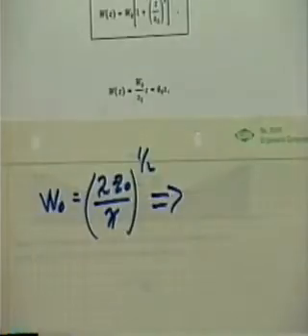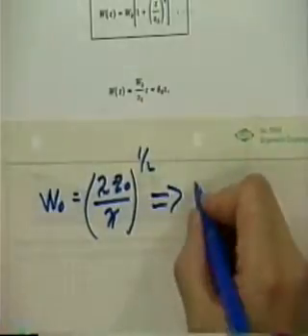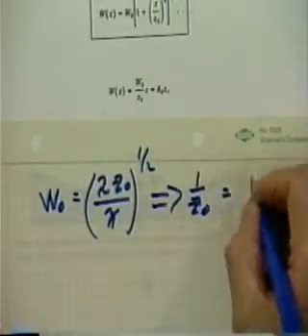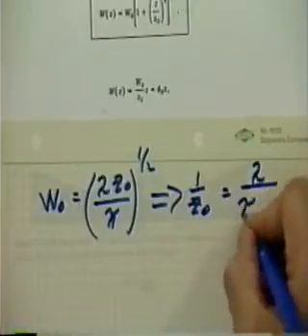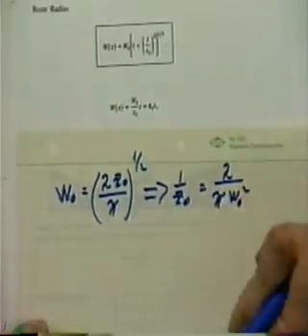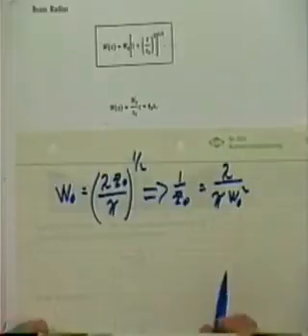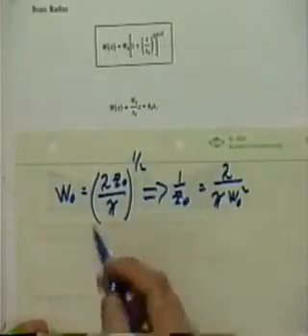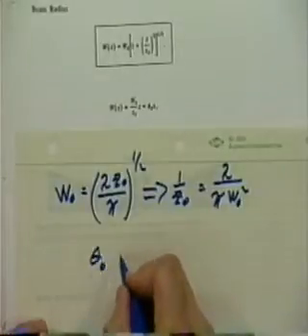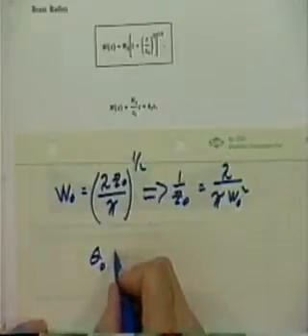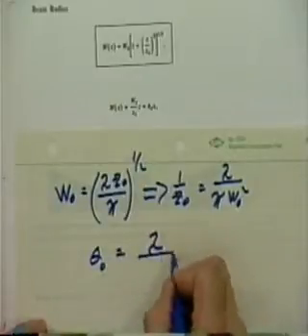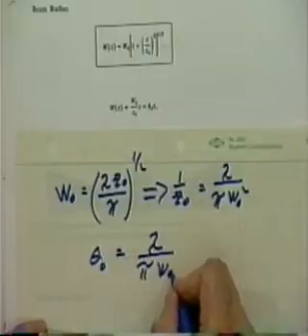And so that implies here that 1 over z naught is lambda over pi w naught squared. And so then we could say here that theta naught is lambda over pi w naught.